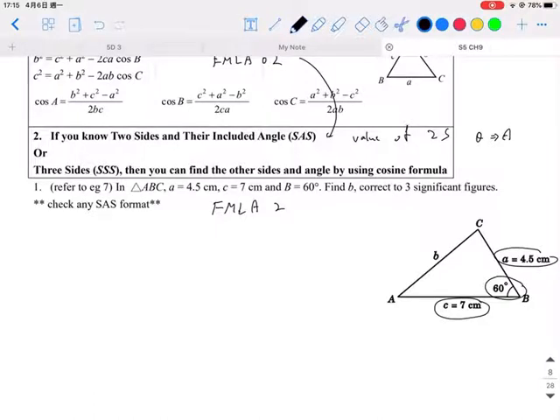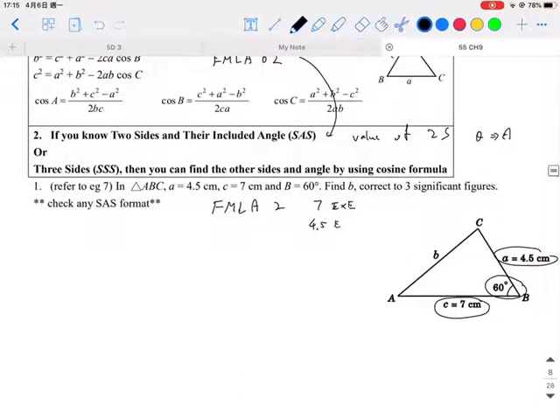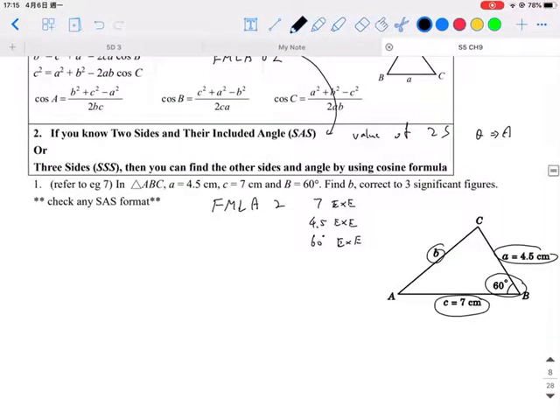So you just enter 7, execute, and then 4.5, execute, and then 60 degrees, execute, and you will get the opposite side. Okay, so I try to express in detail: b squared equals a squared plus c squared minus 2ac cosine B, because this is a SAS format.